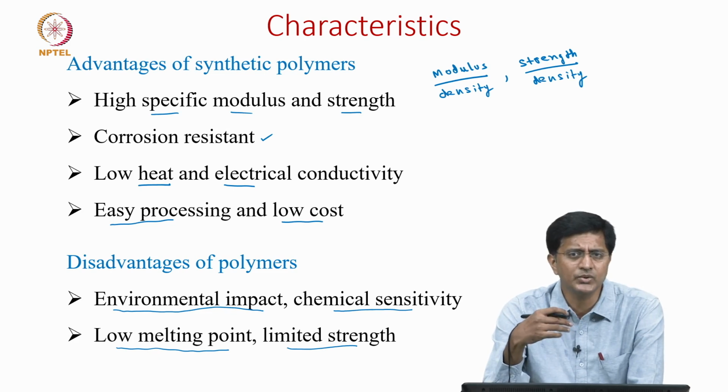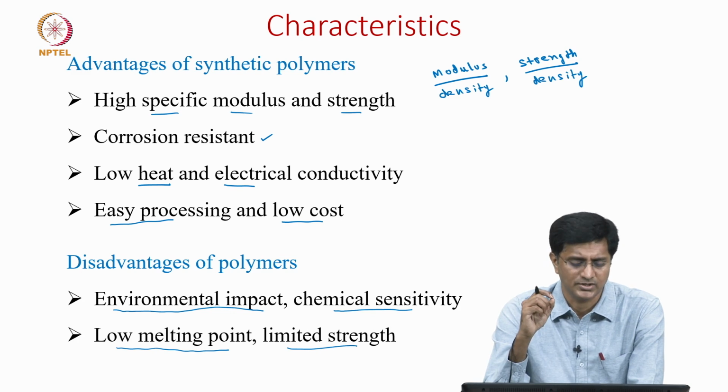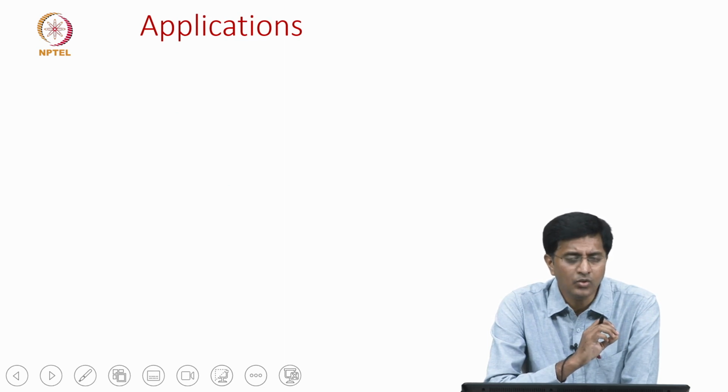So, plastics can be used in secondary structures where the functionality is met. So, if you for example look inside a car, you will see in the interiors most of it is plastic because they are not the load bearing materials, but the actual load bearing materials are either made up of strong metals or with composites.